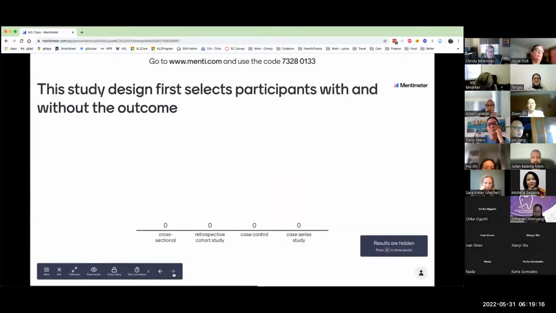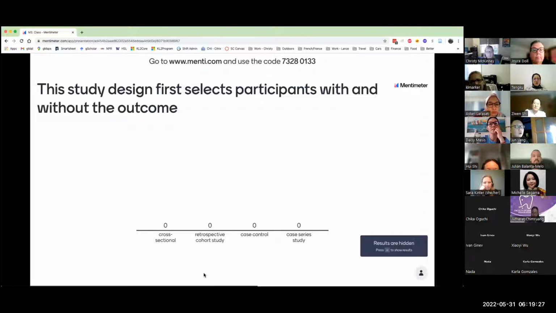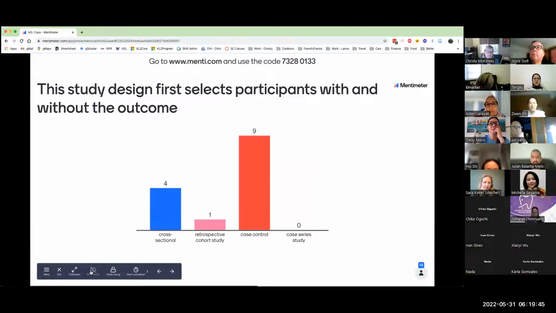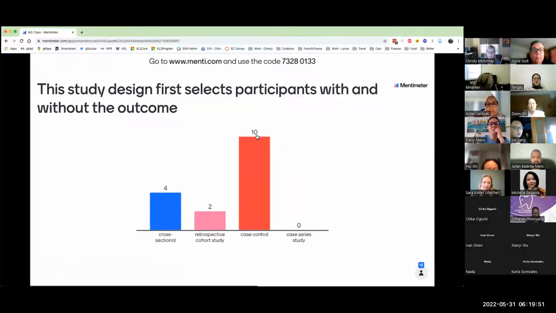All right, and this has 1 answer. This study design first selects participants with and without the outcome. We've got the majority here: case control studies, cross-sectional studies.